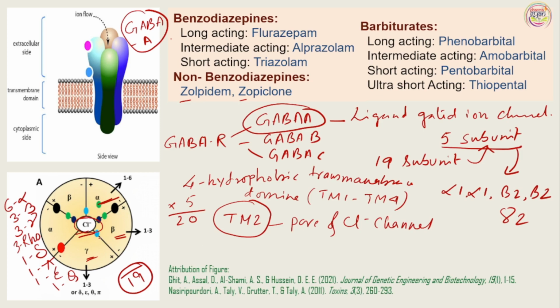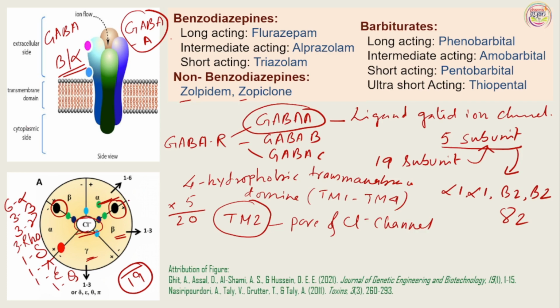Now in this receptor, GABA is the endogenous ligand. It binds to the alpha beta subunit interface.